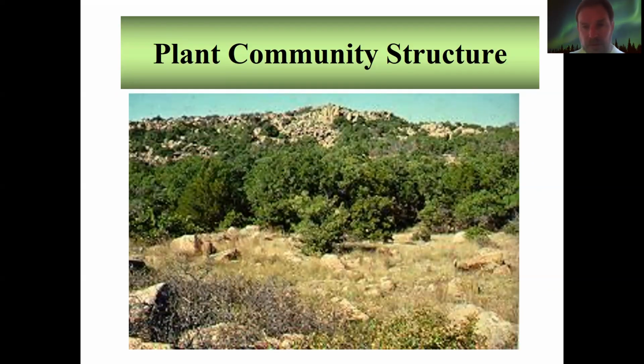So here's an example of what I mean by physical structure. You could see that you have different types of life forms. There's a good bit of horizontal structure here because you walk through this and then all of a sudden you get into the shrub thicket and then you go up to these rocky areas. And it has a variety of different life forms, right?